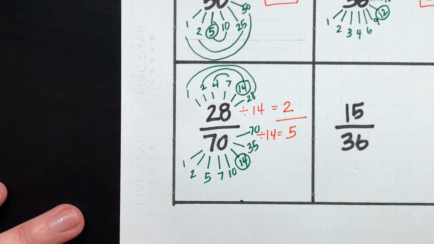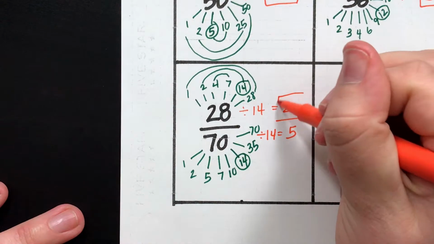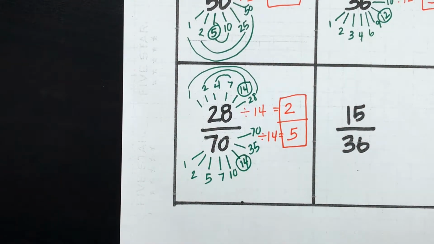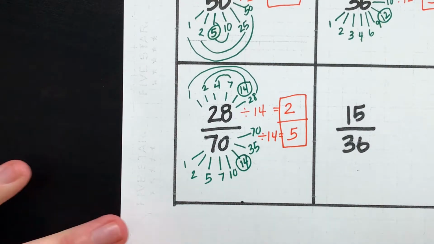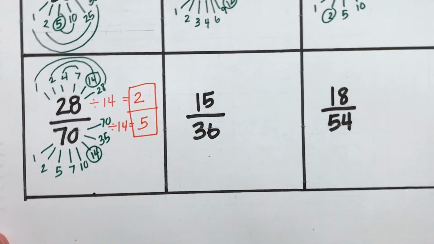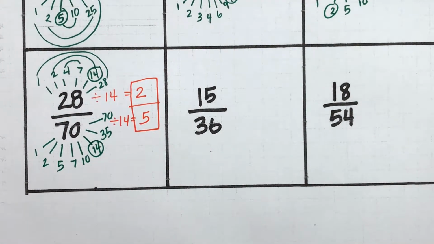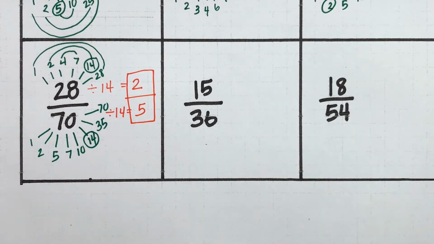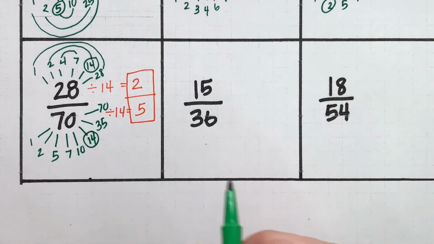Okay, so now we have 2/5 is the simplified version of 28/70. Okay, that one was a little bit complicated, probably harder than any that you'll see on your quiz or maybe even your test, but it's still good to know how to do those kind of harder ones. It's a lot of practice with your factors, that's for sure.